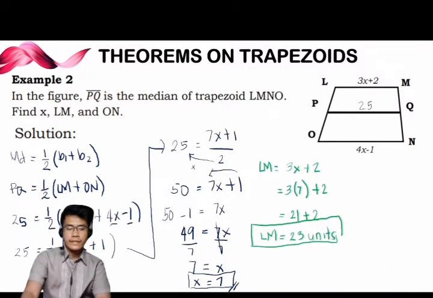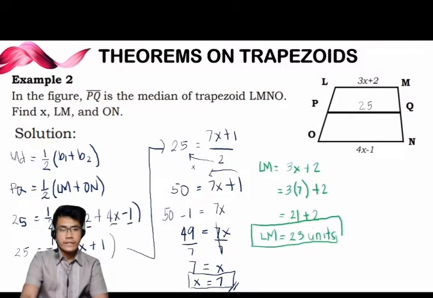Next, let's find the measure of the side ON. Change color muna tayo. Side ON. So ON is equal to 4x minus 1. Let's substitute the value of x, which is 7.